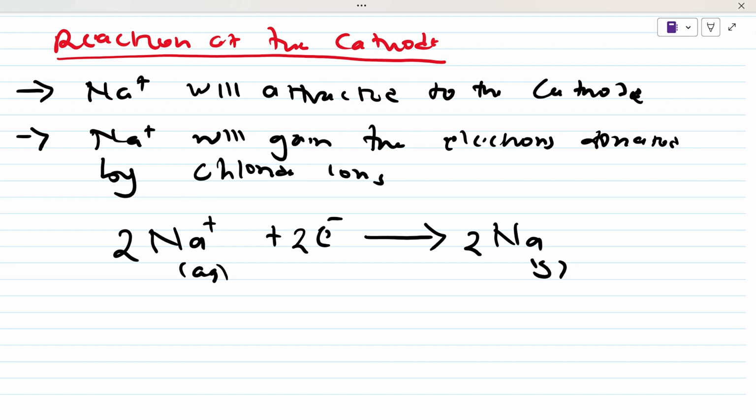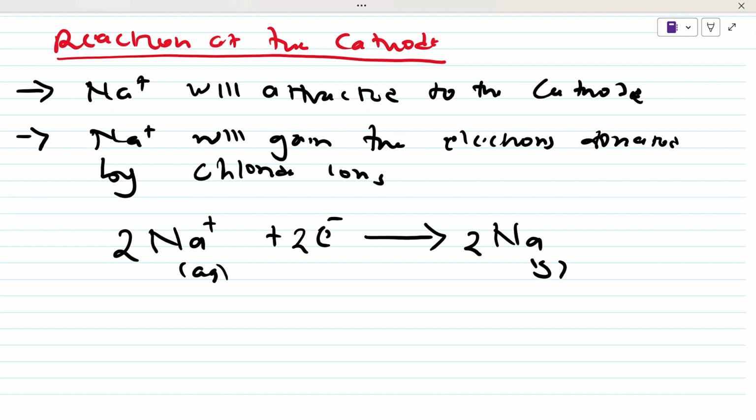Now, most of the time, most examination bodies will ask you certain things to justify or give the observations that will be seen during this electrolysis. So you really need to know the justifications of observations that will be made.